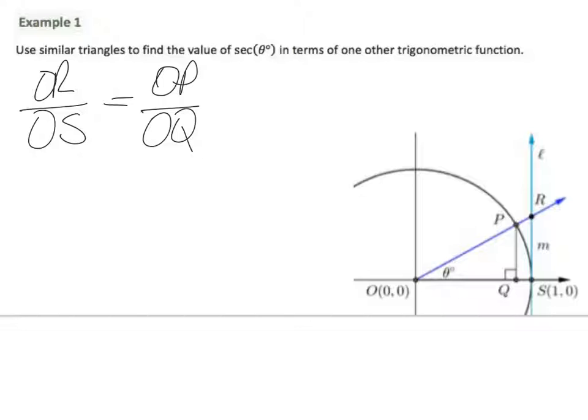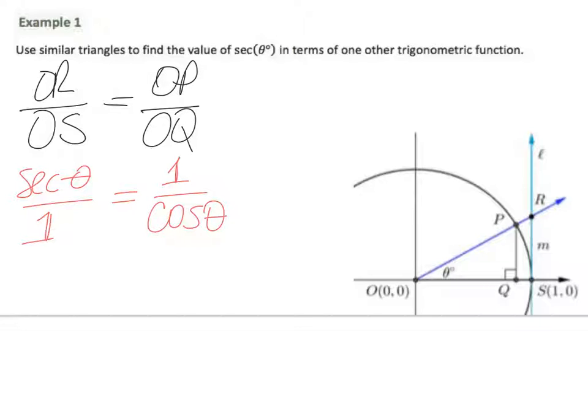Okay, little triangle, little triangle. So we know that OR is secant theta, and OS is 1, and that is equal to OP, which is 1, over OQ, and OQ is cosine theta.